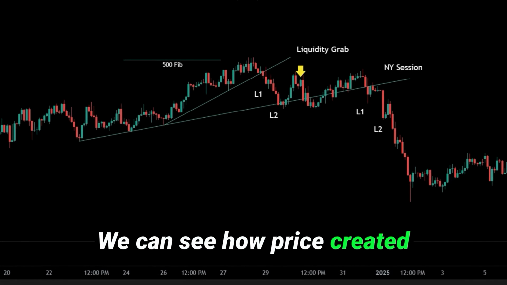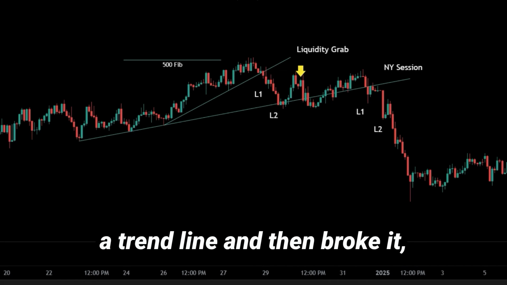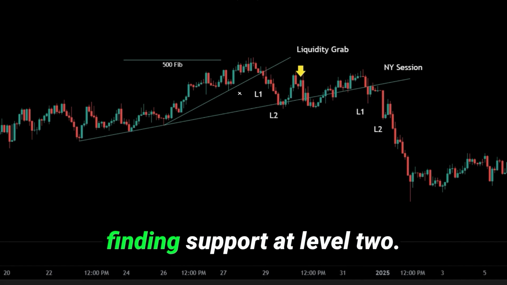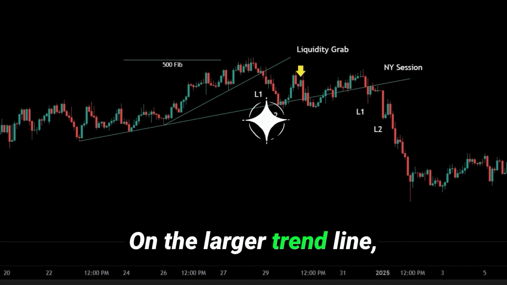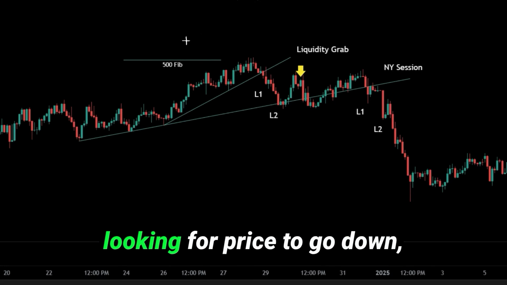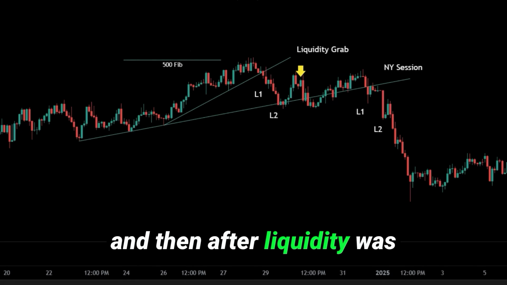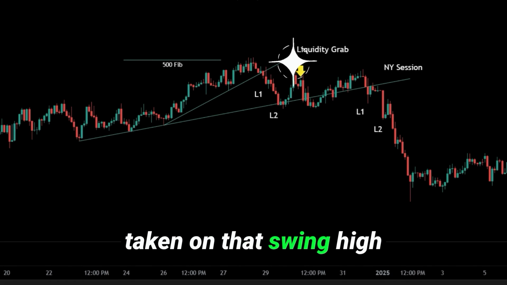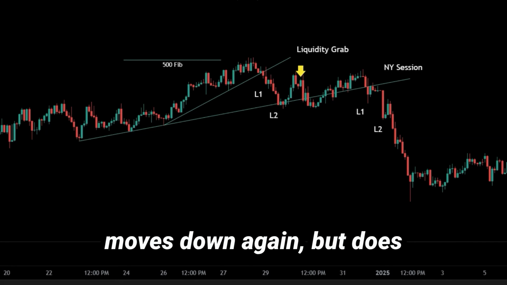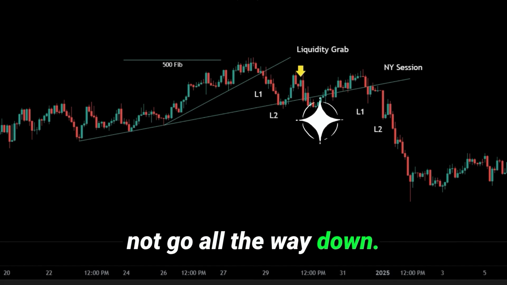We can see how price created a trend line and then broke it, creating a level 1, and then finding support at level 2 on the larger trend line. We've reached the 500 Fibonacci level, so we're looking for price to go down. And then after liquidity was taken on that swing high right before level 2, price moves down again, but does not go all the way down.